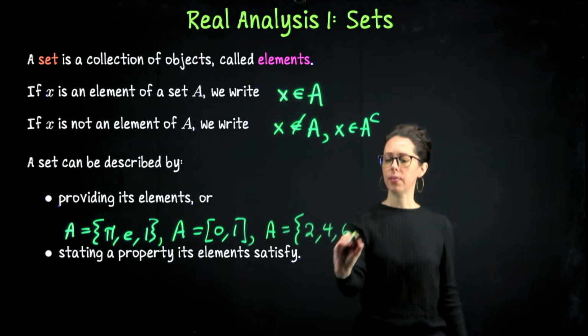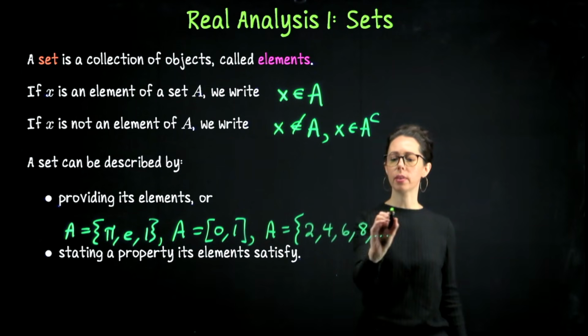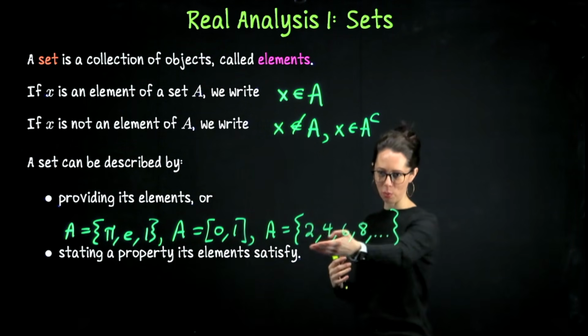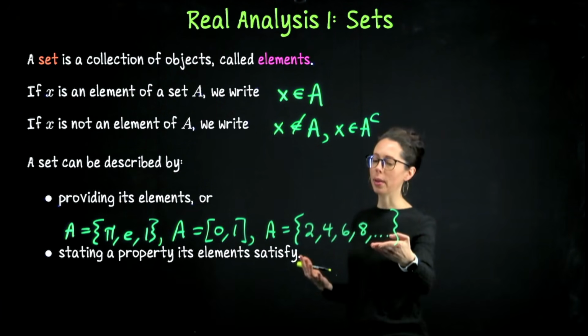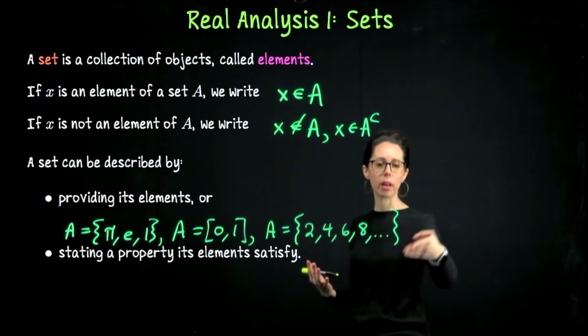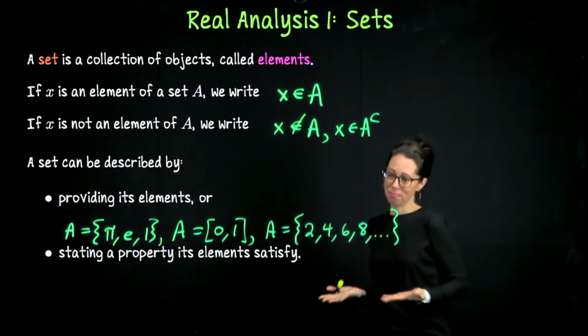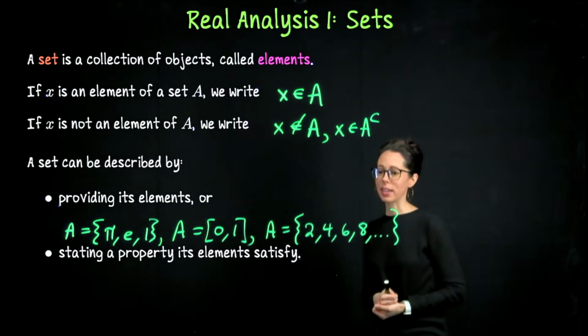Sometimes, if it's clear what the pattern is, you can just say what the first few are and then tell the reader that what you're observing here will continue in a natural way. So next you would expect me to write 10, 12, 14, etc. All right, so those are some ways to express what a set is.